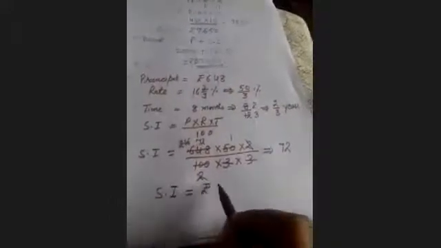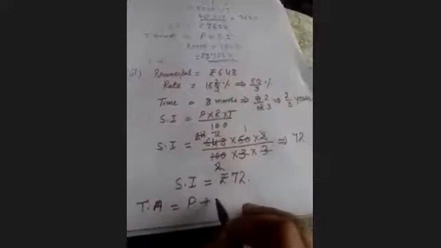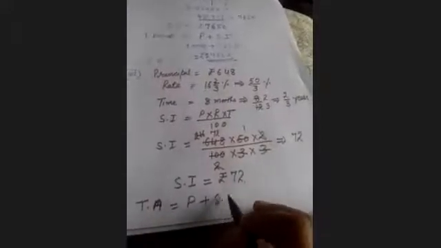Our simple interest is rupees 72. Now we'll find the total amount. Total amount is principal amount plus simple interest.